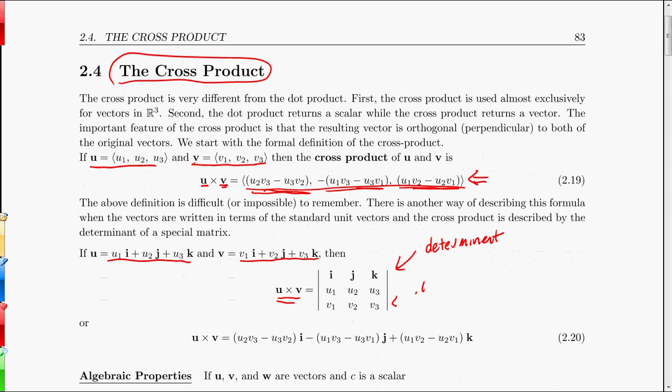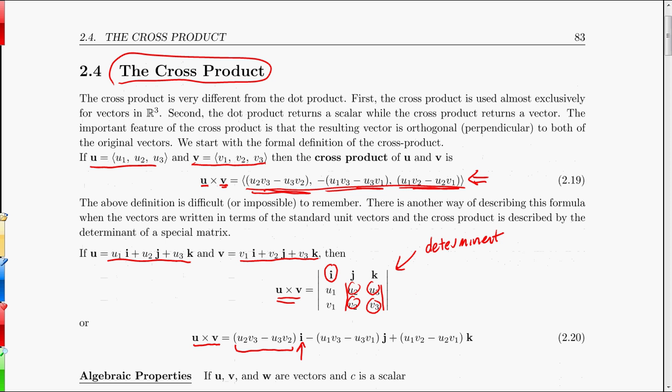Okay, so here's how we do this. U cross v. If I was going to get the determinant of this 3x3, I would take i times the determinant of this matrix right here, which would be u2 v3 minus u3 v2. So it's i times that determinant that I just talked about. Right?